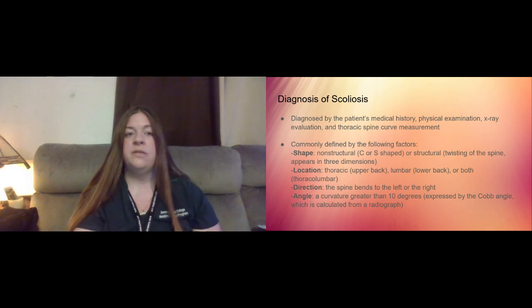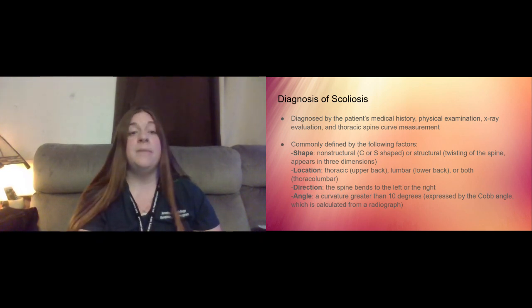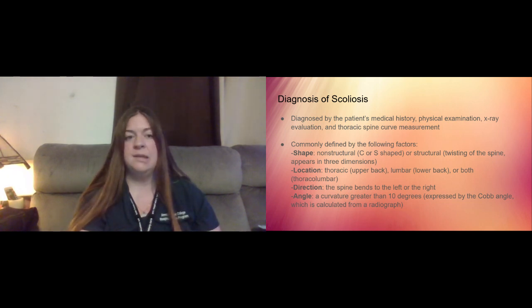Scoliosis is diagnosed by the patient's medical history, physical examination, X-ray evaluation, and thoracic spine curve measurements. It's commonly defined by the following factors. Shape: we have non-structural, which is C or S-shaped, or structural, which is twisting of the spine, and it appears in 3 dimensions.